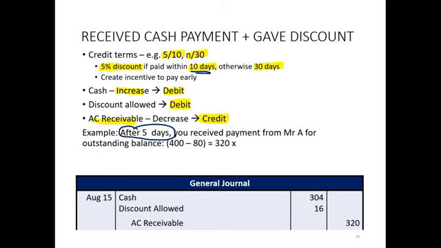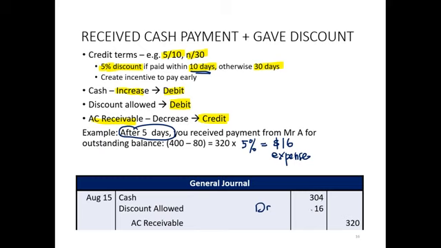How much is the discount? 320 multiplied by 5%. So they get a discount of $16. This is your expense. So your expense increases, debit, by $16.